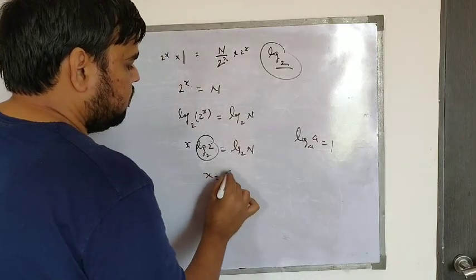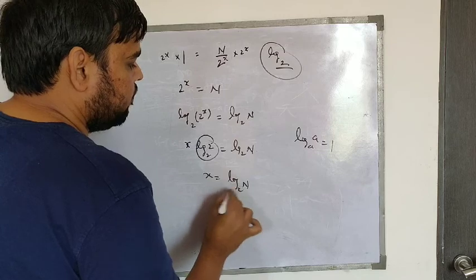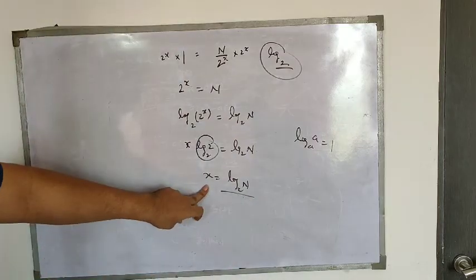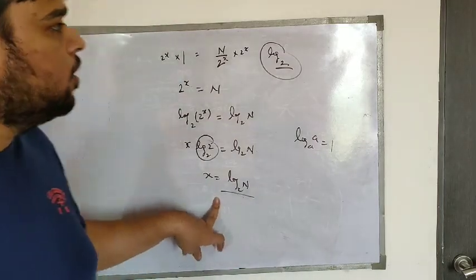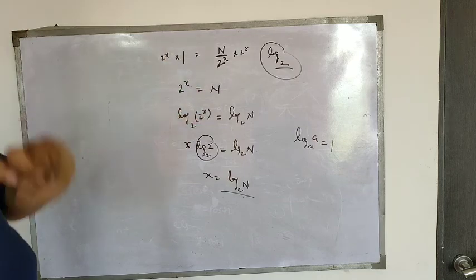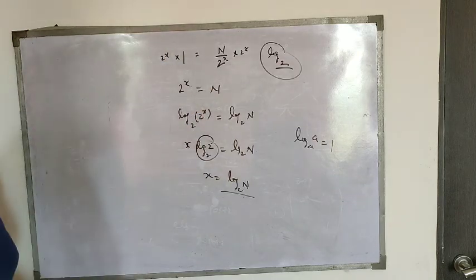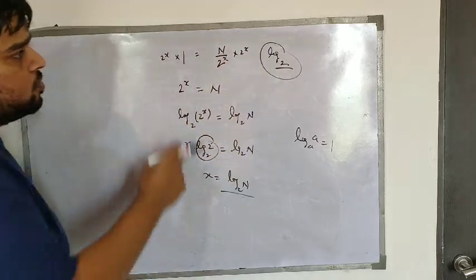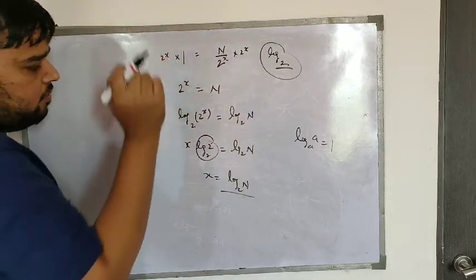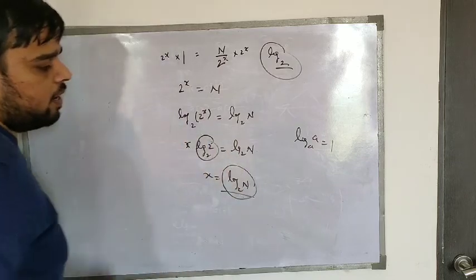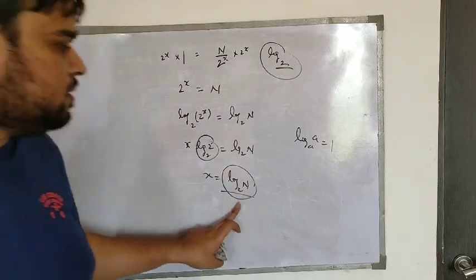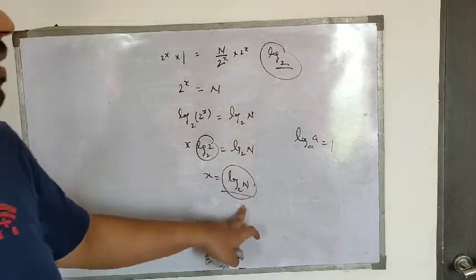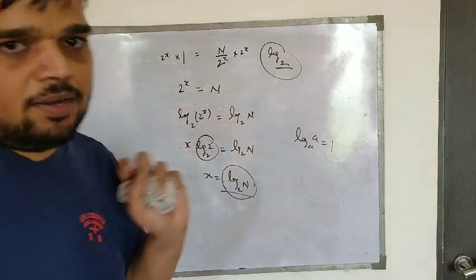So x is equal to log 2 of n. It means this many iterations are required to get 1, because we are looking for the value of x: how many times I divide this input by 2 so I easily get 1. So it means the time complexity for binary search is log 2 n.